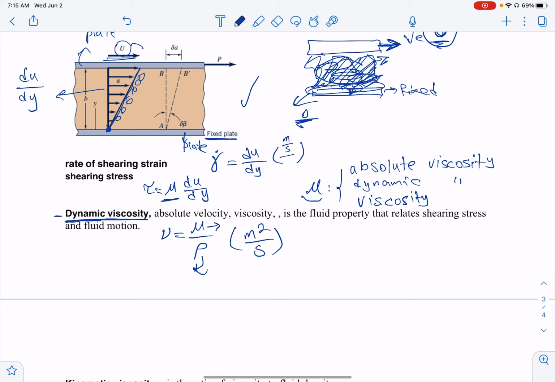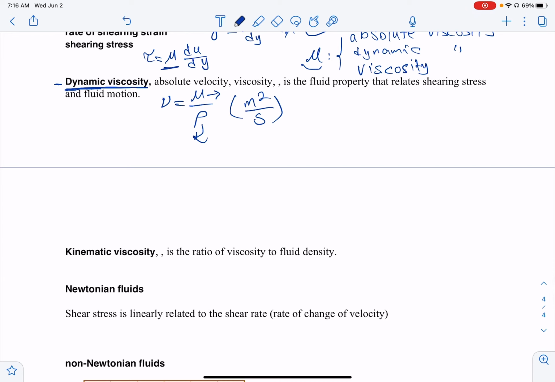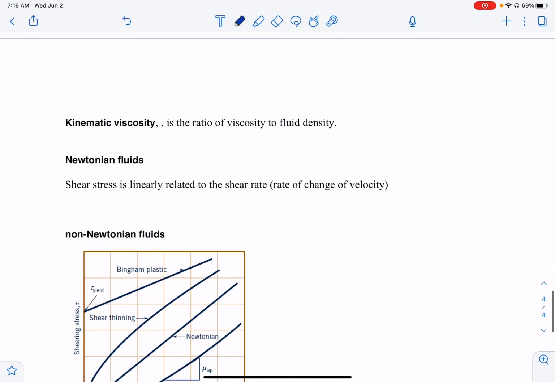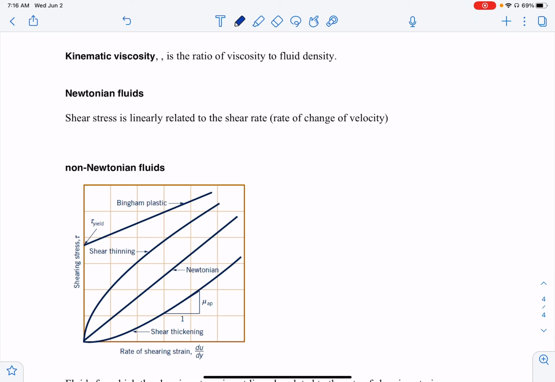And y should be meter, so the meters cross out. So it's going to be 1 over s. So this is the unit for the shear rate, s to the minus 1. So I think we talked about these properties.